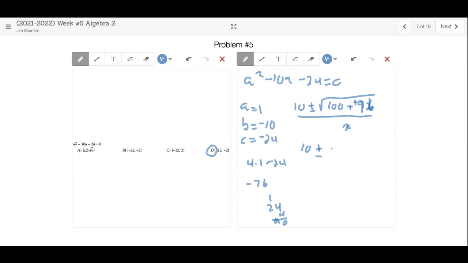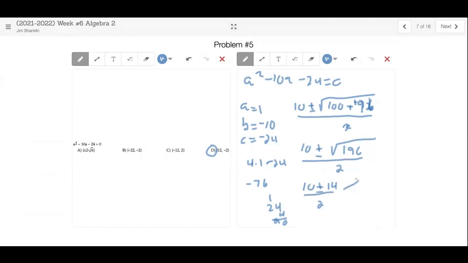So I end up with 10 plus or minus the square root of 196 over 2. Okay. What is the square root of 196? Is that 14? Okay. So now I have the square root of 196 is 14. So now I have 10 plus or minus 14 over 2.